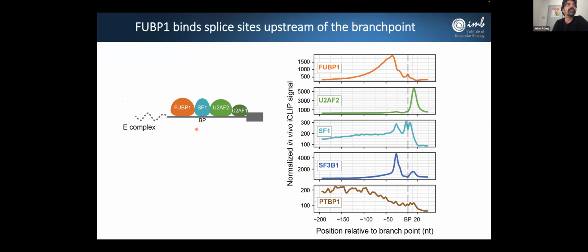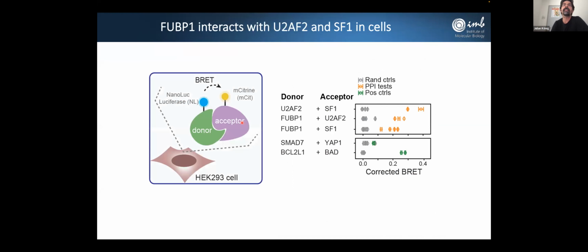And we wanted to know if FUBP1 also interacts on the protein side with these different 3' splice site factors. For this, we used BRET, bioluminescent resonance energy transfer, where we have a donor protein and an acceptor tagged with nanoluciferase and a fluorescent dye. If these proteins are in close contact, we see this energy transfer that we can then visualize as this BRET signal.